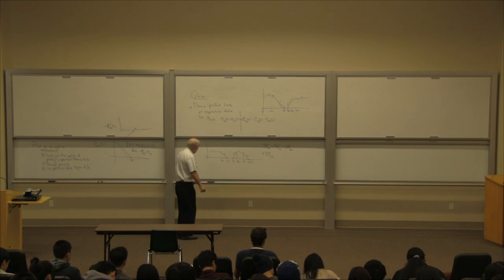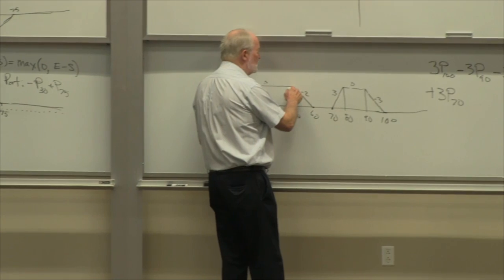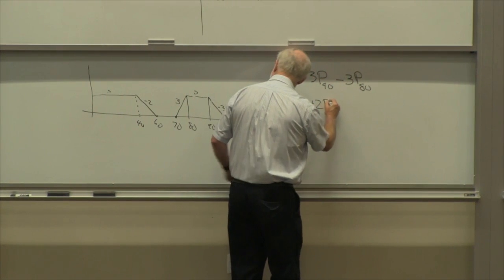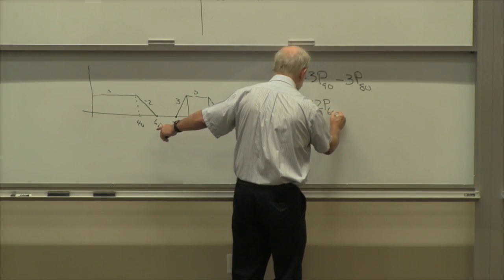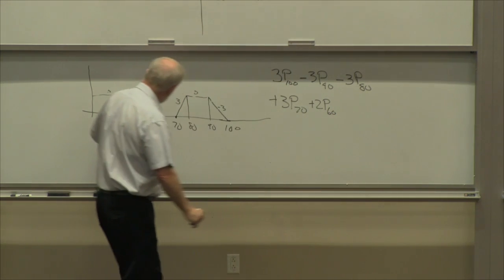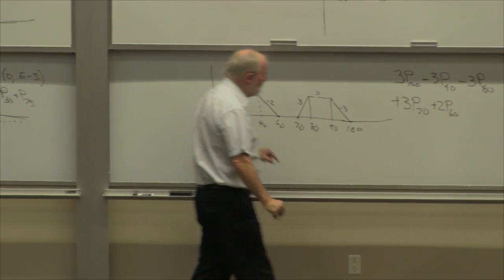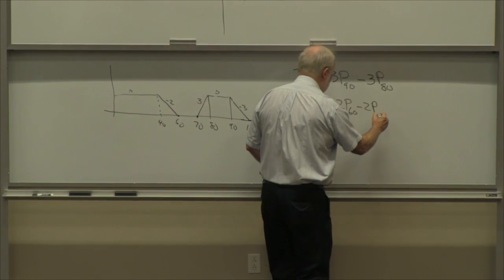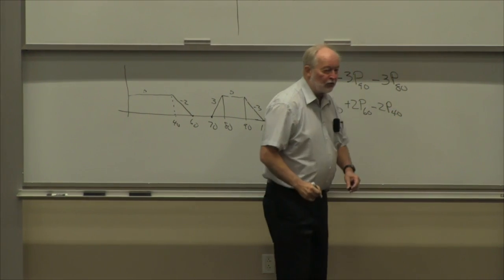Now, I want to go up with a slope of 2, start making money. So I'm going to start adding 2 puts at 60. When I get to 40, I want to flatten out again. So I want to subtract 2 puts at 40. And there's my portfolio.